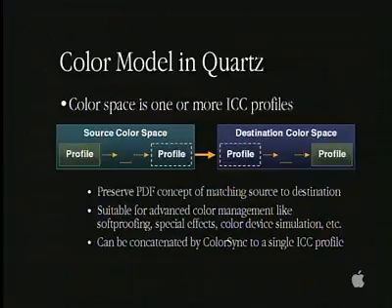This way, we can preserve the PDF concept of a simple match from source to destination, but at the same time, we are able to create multi-stage color transformations needed by advanced color management. And if a need arises to embed such a color space in PDF, a sequence of profiles can be concatenated by ColorSync into a single profile.